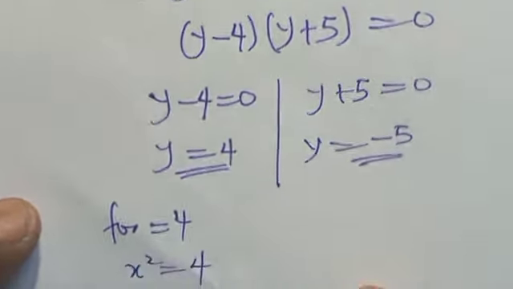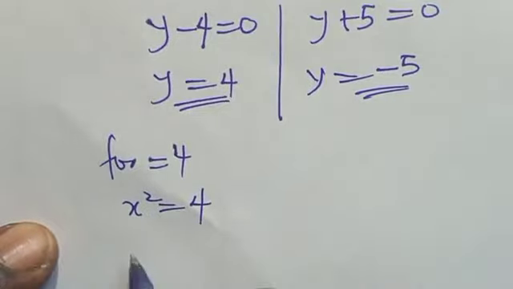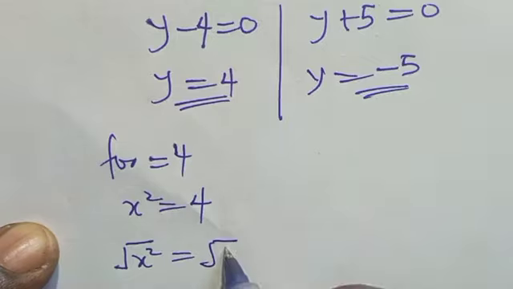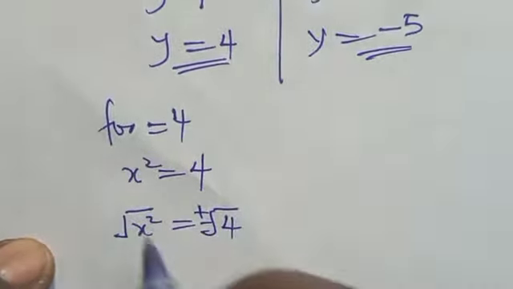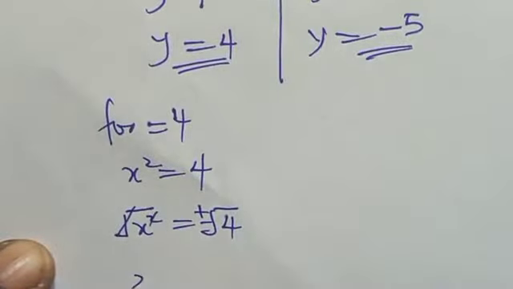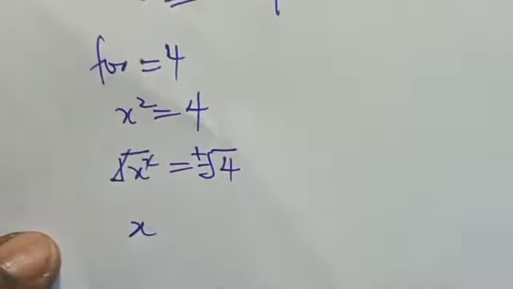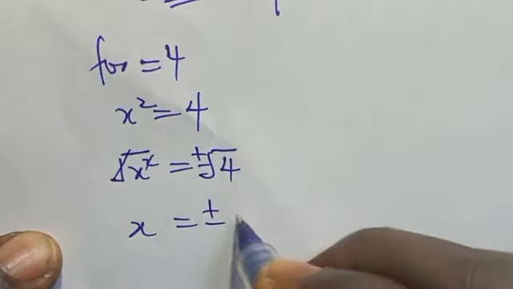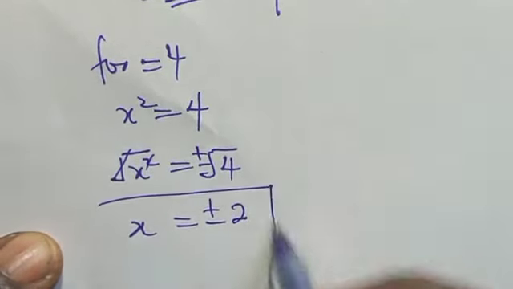You see? So we're going to take the square root of both sides, s equals plus or minus the square root of 4, of course. So the square root will take care of the square. It will be left with s, and this is plus or minus 2. These are the two values for the first case.